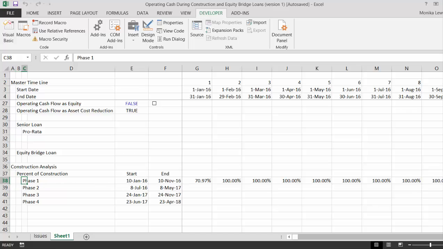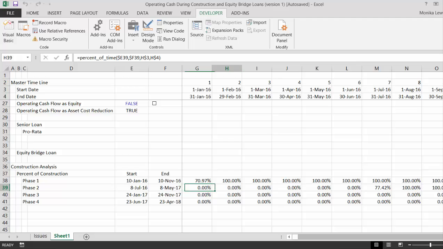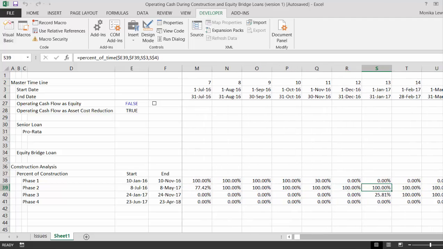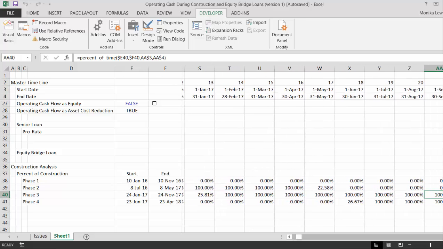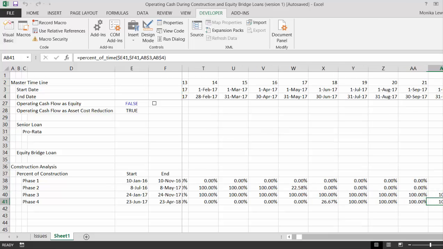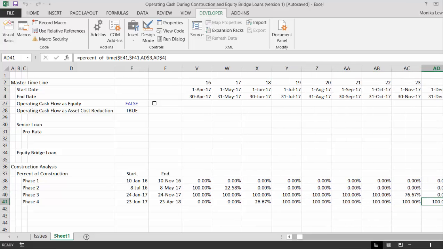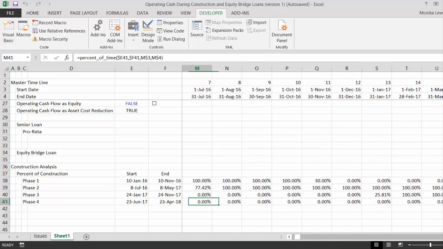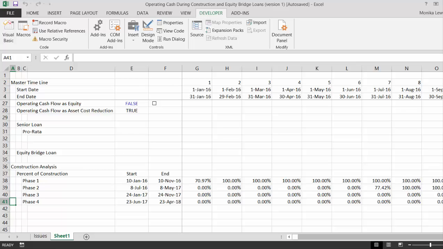I assume that's, and then we can Control D, Shift Control R, and then we get different percentages of time depending on when we started and end dates. Okay, and the final one is here. So that is really the key to getting all this.